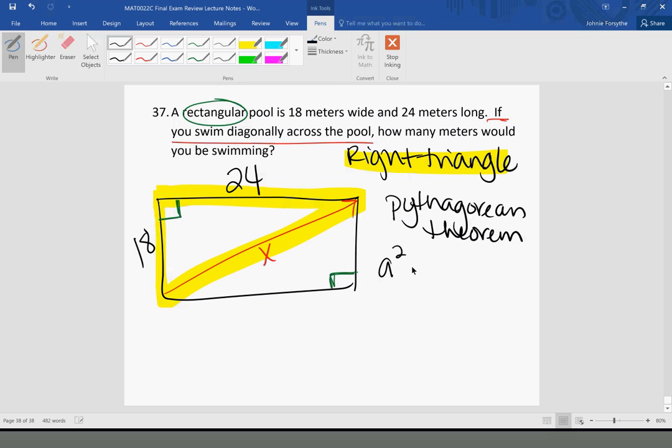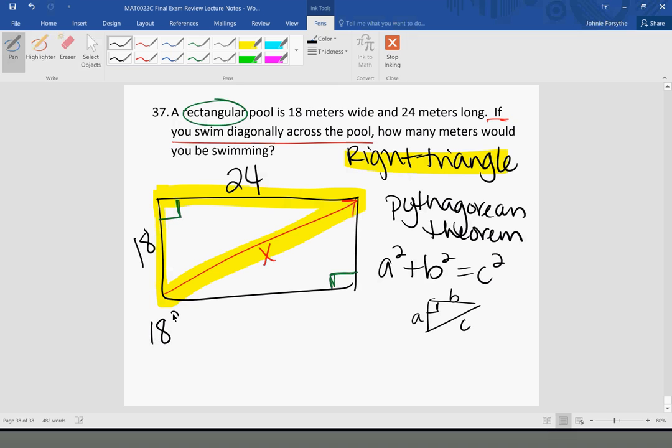And that is going to be a squared plus b squared equals c squared. So a and b are the legs of your triangle. C is always your hypotenuse. So if I were to write this like what we see here, we can make this a and this b. This would be c. Let's use the theorem to set up an equation.